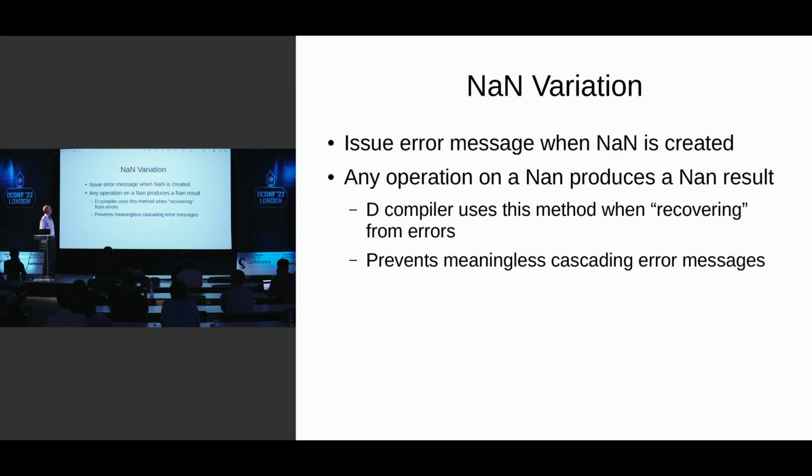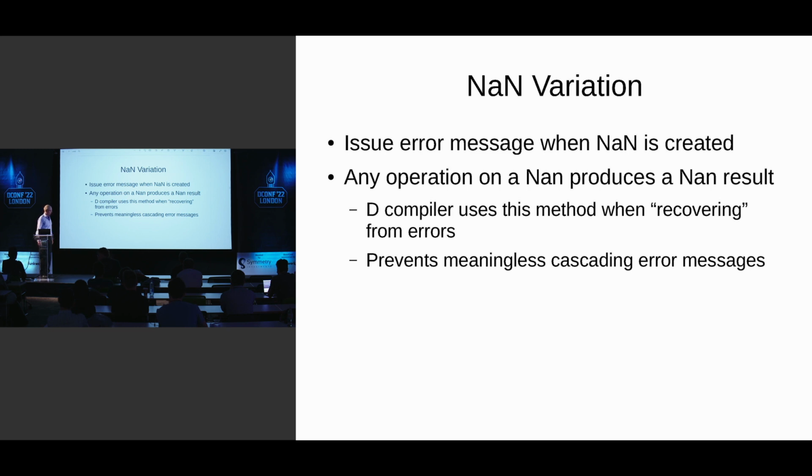So I took inspiration from the NaNs, and the AST node where an error message was emitted is replaced with an error node. And any AST node that has one of its subtrees as an error node also becomes an error node.